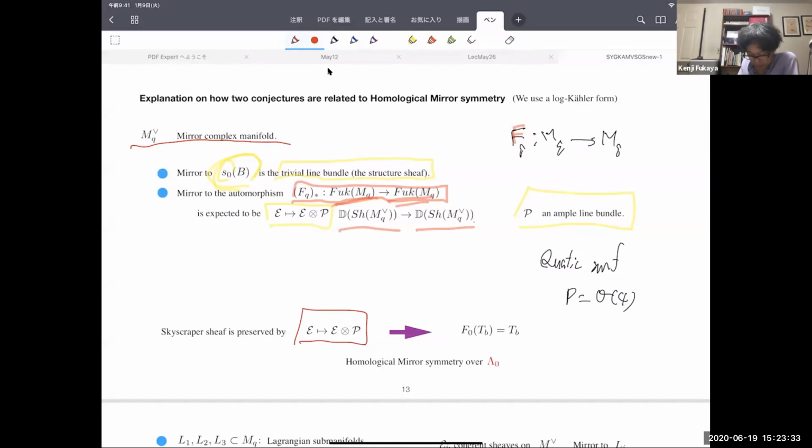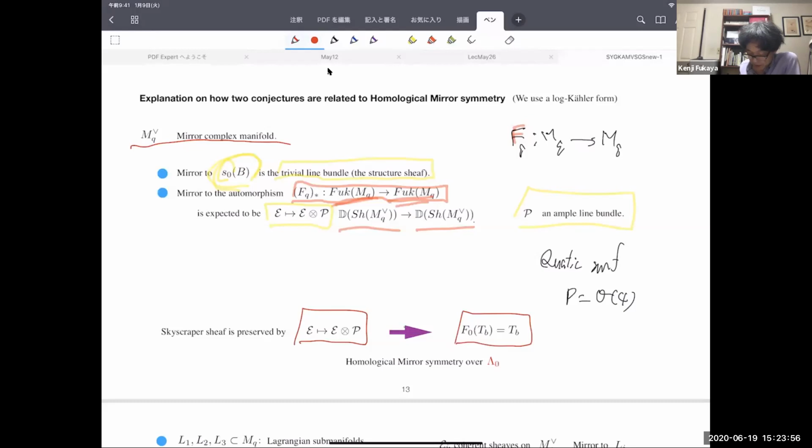Then this operation, taking the tensor product with a line bundle, of course preserves the skyscraper sheaf, right? A line bundle on a point is just trivial. So this is some reasoning that this Lagrangian fiber is preserved by this symplectic diffeomorphism, because the mirror to the Lagrangian fiber is expected to be the skyscraper sheaf.